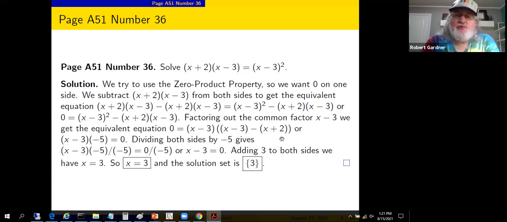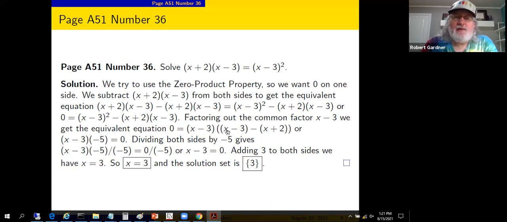Factoring is simply the distributive property backwards. If you don't believe that works, distribute, we'd get x minus 3 times x minus 3, or x minus 3 squared, right? And x minus 3 times x plus 2. We'd get this second term. So factor out, use distribution backwards. And now we can simplify this term.